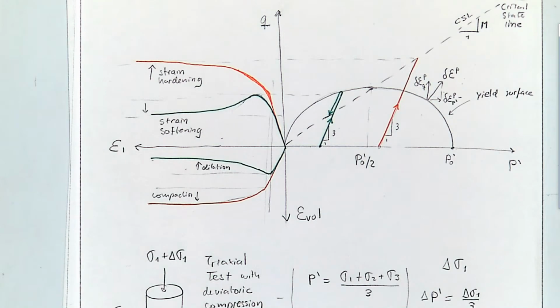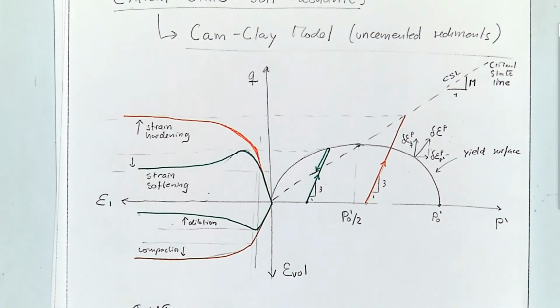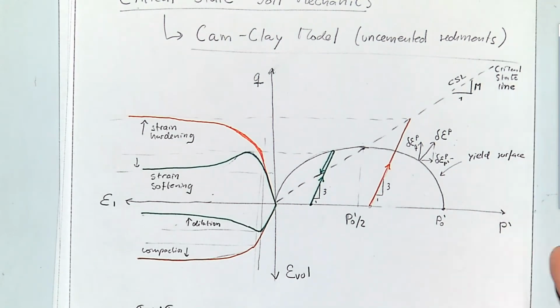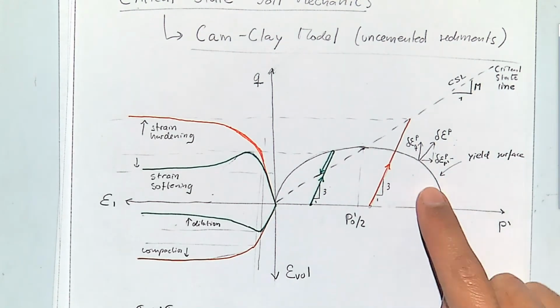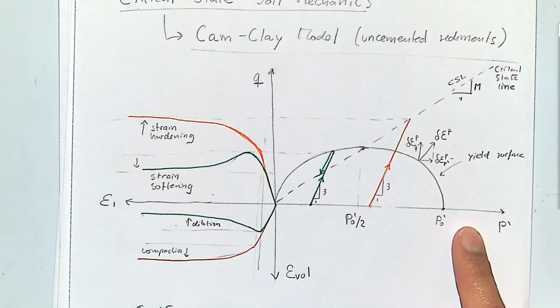Do you have any questions about what we're seeing here? And to me, this is the most important part. It's trying to understand what we're seeing is just a stress path and what is the role of the yield surface.